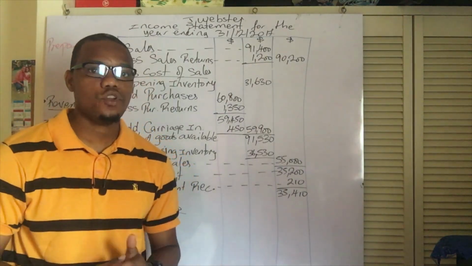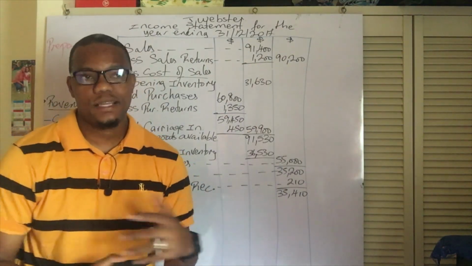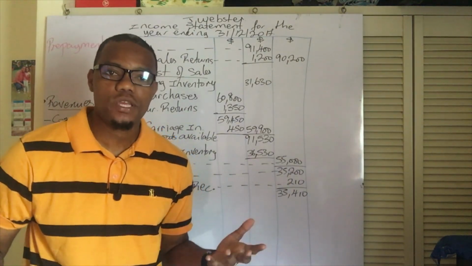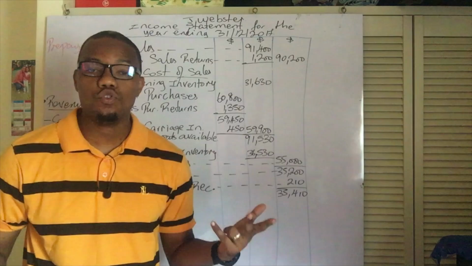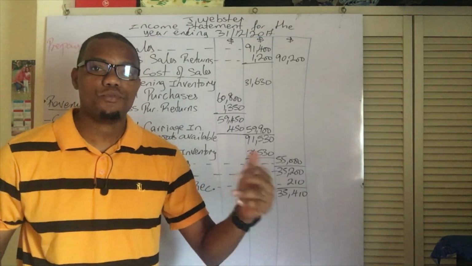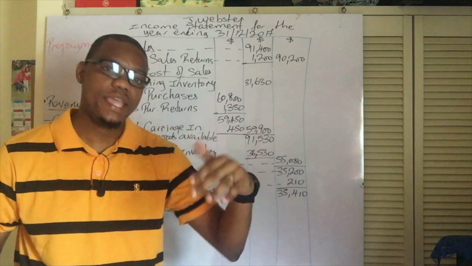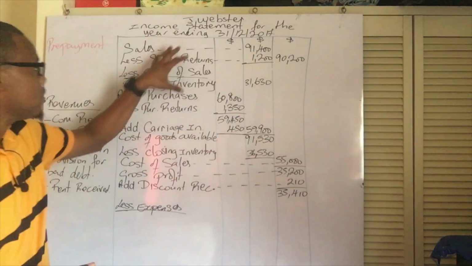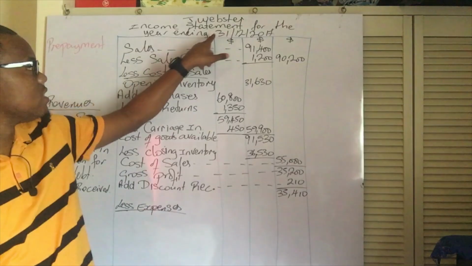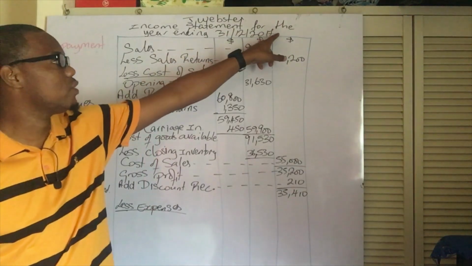So say for example your rent is $10,000 per month, but you find yourself with some money. So instead of paying for 1 month, you pay for 2 months, you pay $20,000. Therefore, $10,000 would be prepaid. So that's prepayment. You're paying in advance. But the income statement only accounts for the current year. So we are only dealing with 2017.